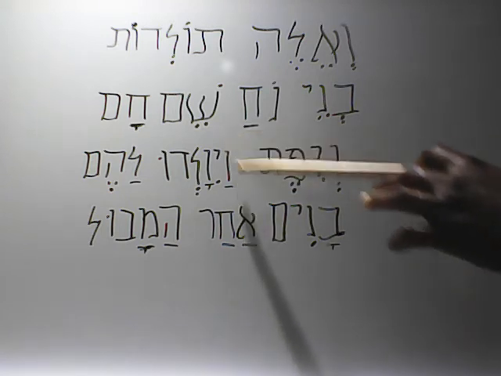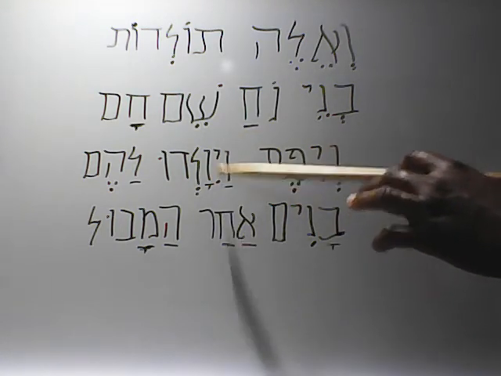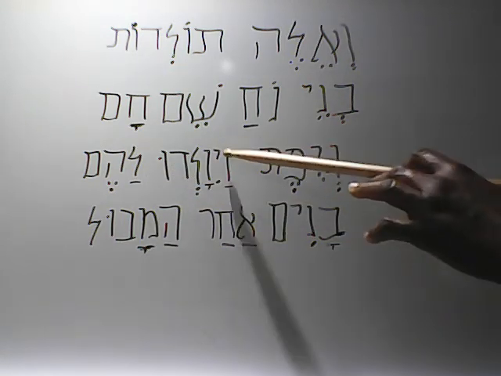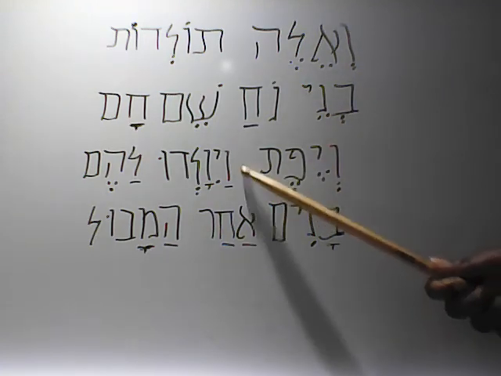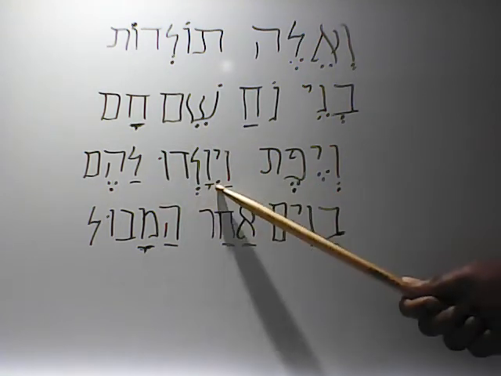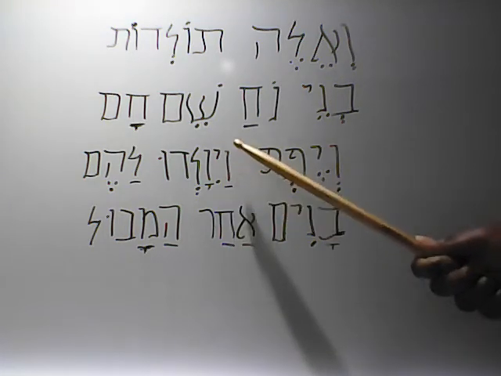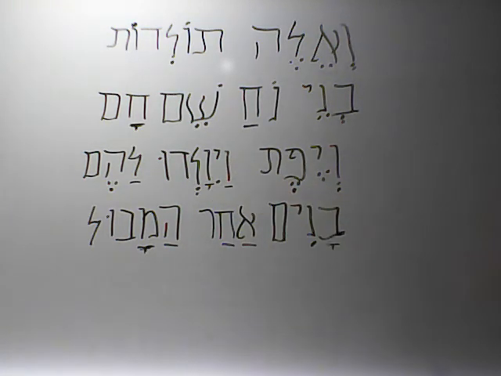So now dropping off this wow, you will have yiwaldu, which means they will be born. Remembering biblical Hebrew and having this wow, brothers and sisters, as the wow consecutive, this future tense word, yiwaldu, becomes in the past tense. So now you have they were born.